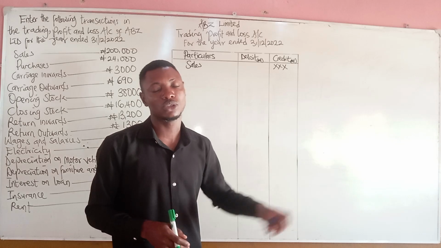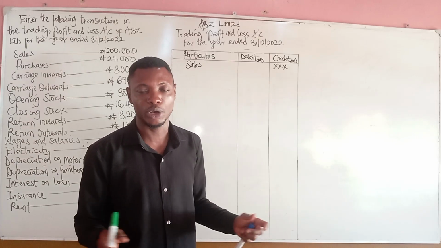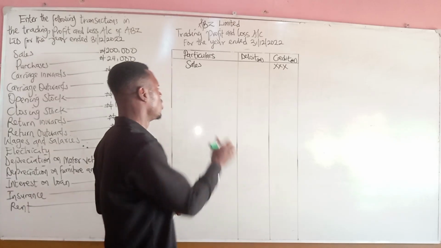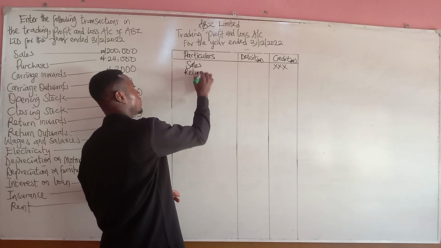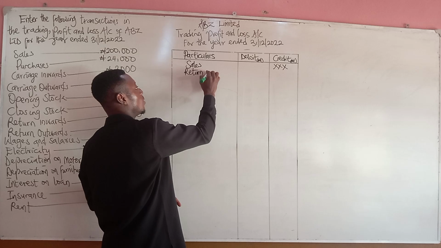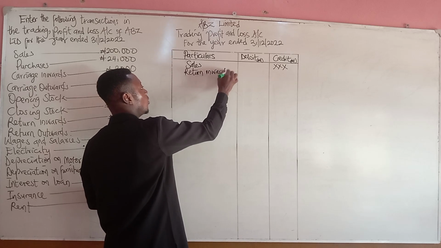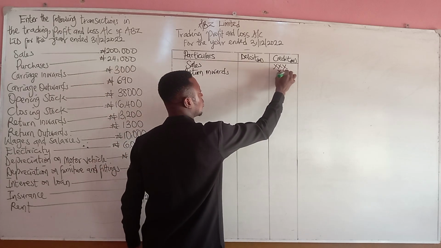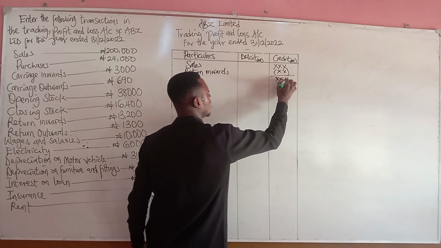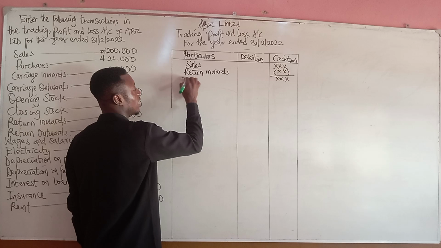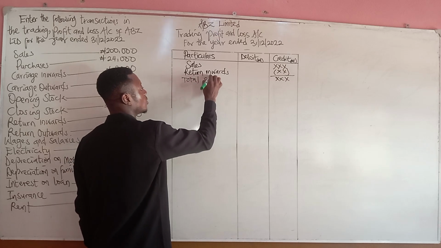When it is not subtracted, it makes your sales figure totally wrong. So let's say I have return inwards, which is also trade return. We are subtracting from here. When I subtract, the figure I have now will give me my total sales.